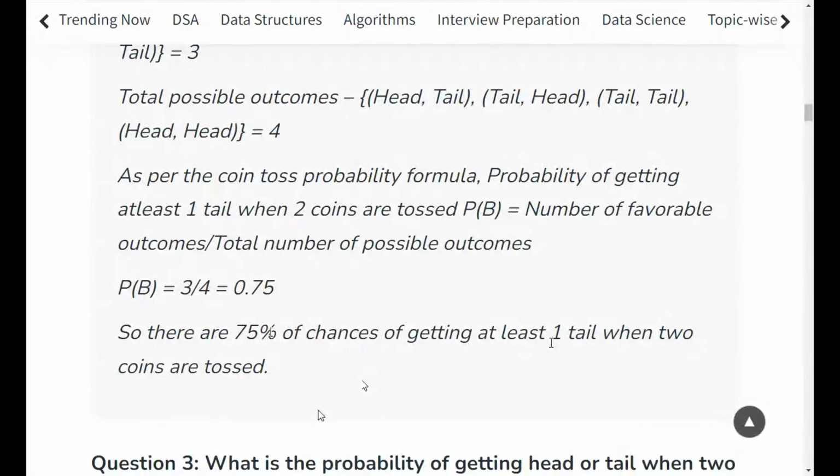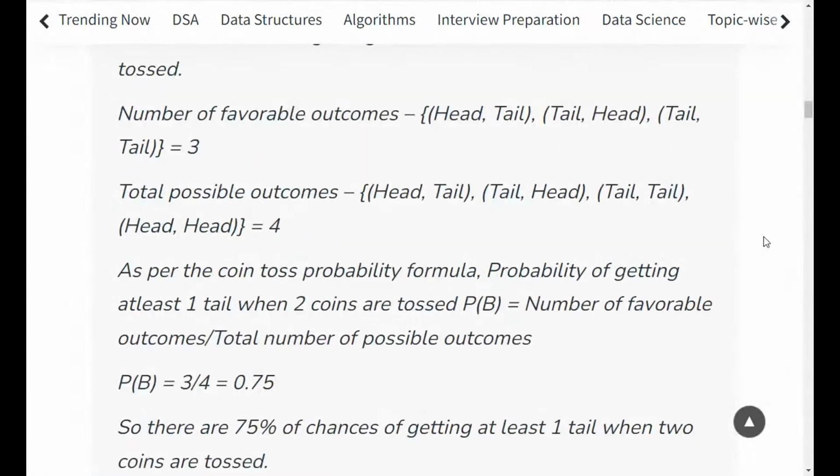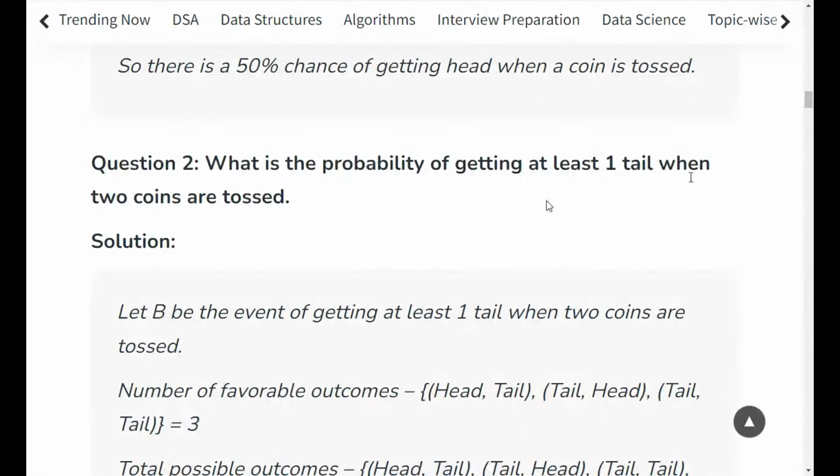Is that right? Yes. You can experiment, you can toss it. Again, it depends upon how many times you are tossing. Here we did not mention that. What is the probability of getting at least one tail when the 2 coins are tossed? Only one time, a one time case study.